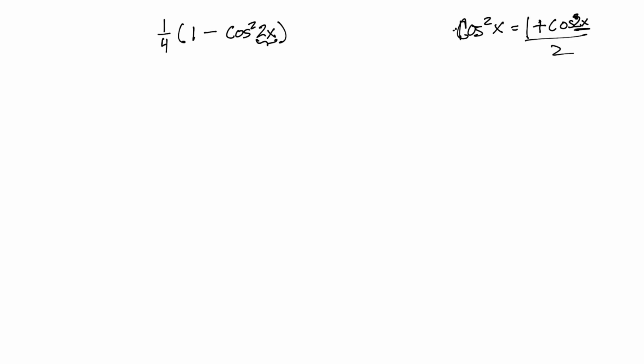So we want to take 2 of 2x, right? That becomes 4x. So rewriting this again, I have 1/4, 1 minus, and for now I'm going to keep the fraction there, 1 plus cosine of 4x all over 2. And we can break this up.